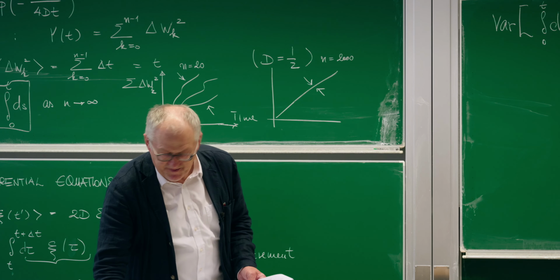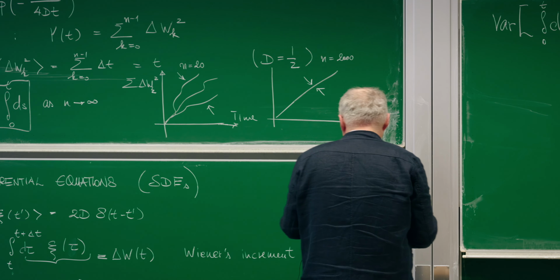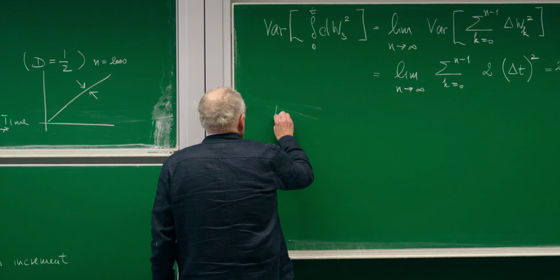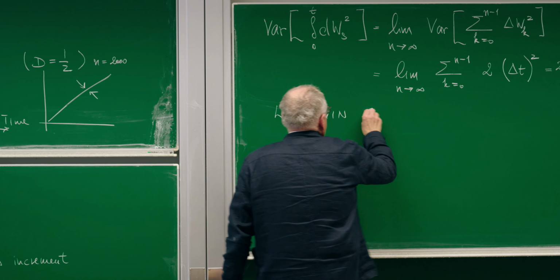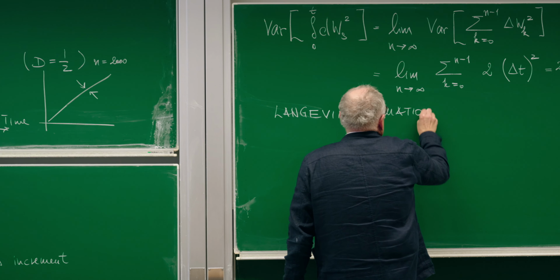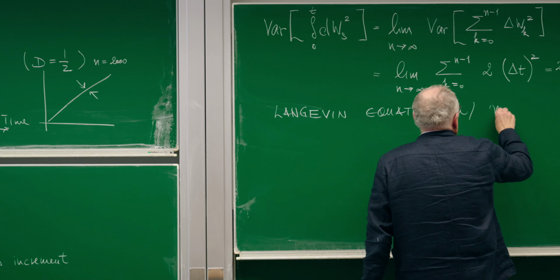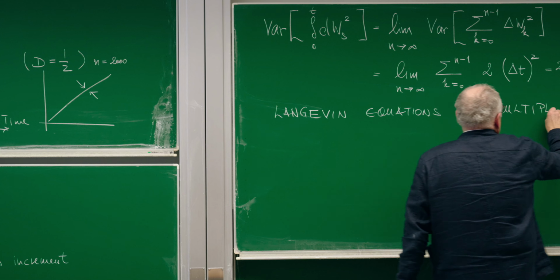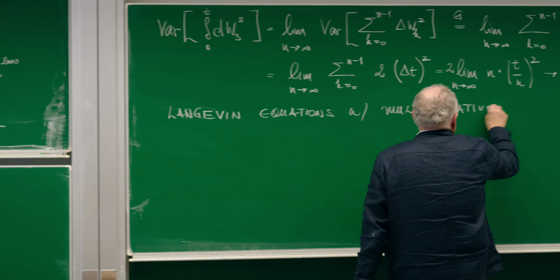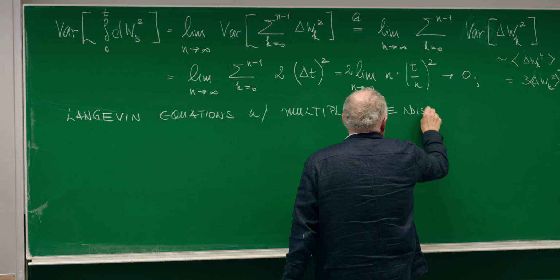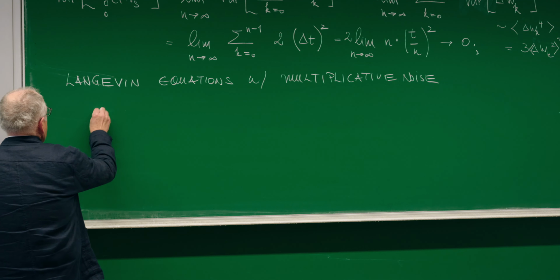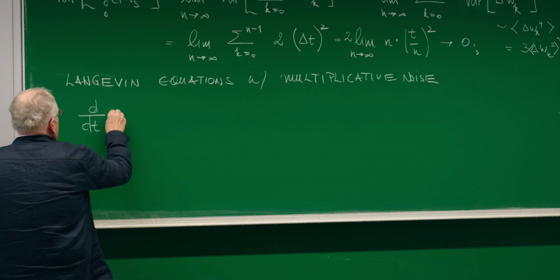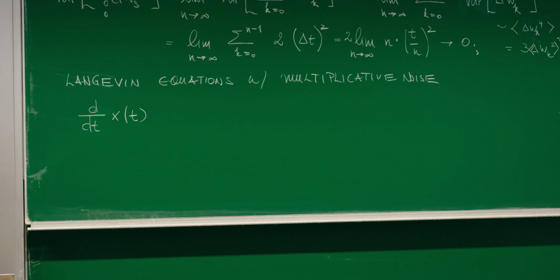Good. Now that we know what stochastic integrals are, we discuss Langevin equations with multiplicative noise. What I mean by that is the following structure. You have, again for simplicity, a one-component random variable x of t.